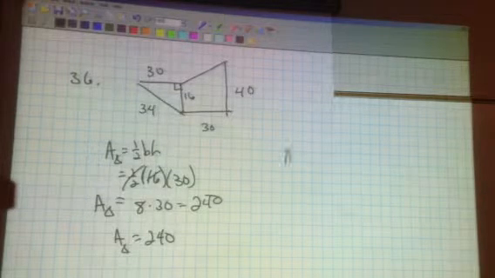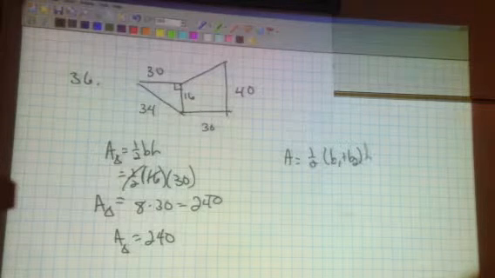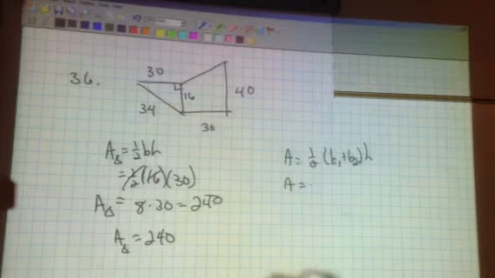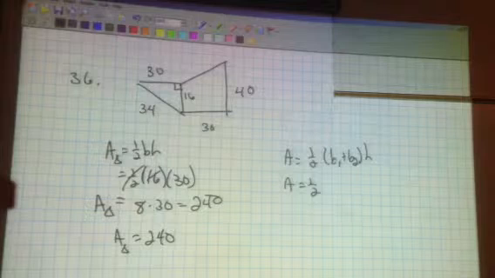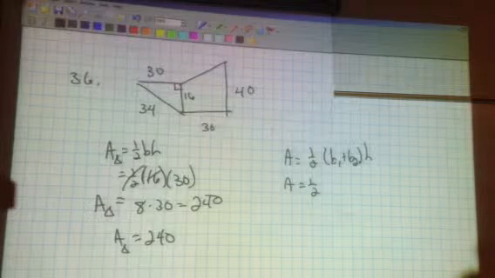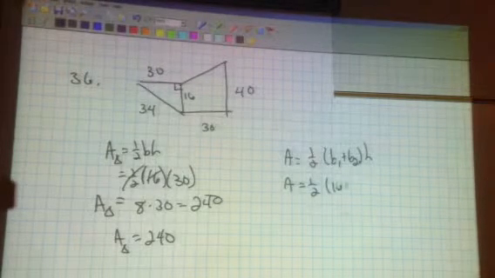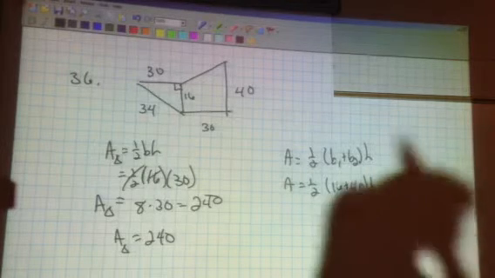Now I've got to find the area of the trapezoid, which is 1/2 B1 plus B2 times H. You plug that in. 1/2 of, I'm going to plug in both bases, so 1/2 of 16 plus 40, and then my height is 30.